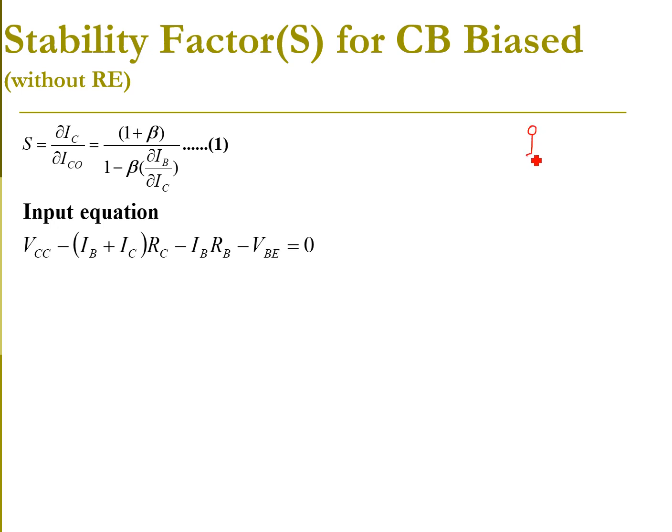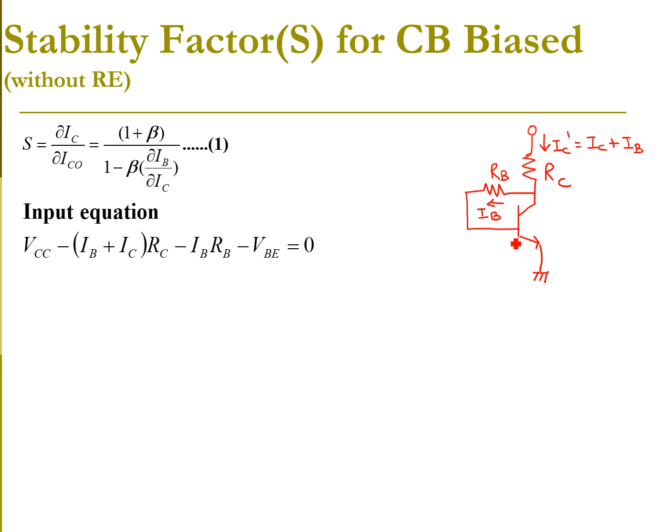There was a resistance RC, collector, emitter grounded, resistance RB. Current flowing through this is IC dash, which is equal to IC plus IB.